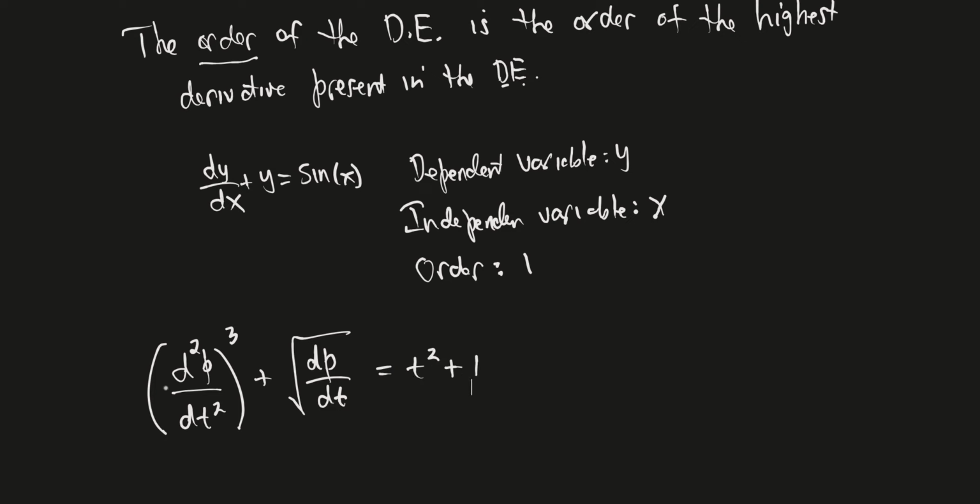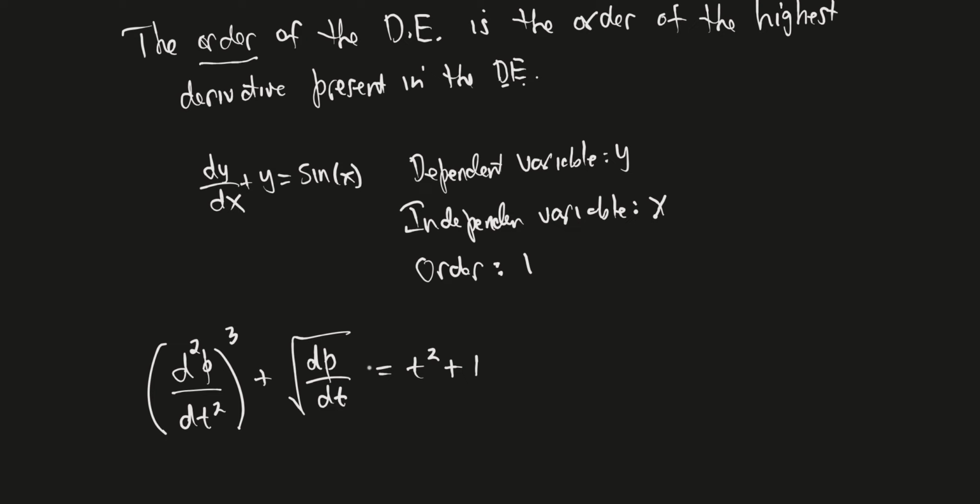Right, so this one looks a little bit more complicated. And again, our focus right now is not solving. We'll have lots of time to solve, but right now we're just getting used to what these look like, and getting used to identifying key characteristics or properties of the differential equation.